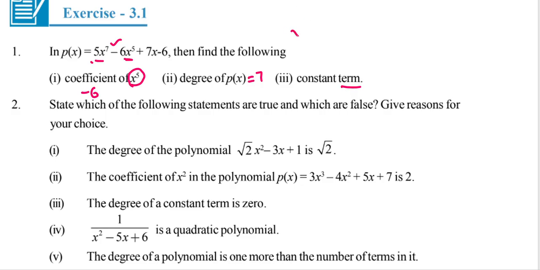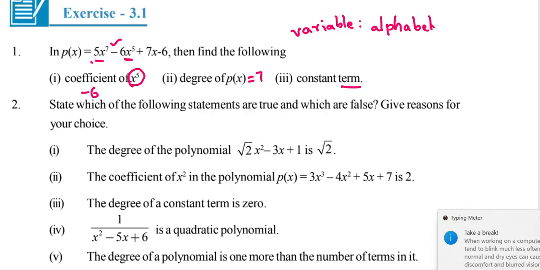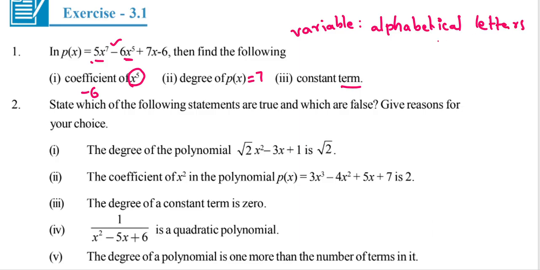The constant term. Variable means an alphabetical letter. Constant means a fixed value.